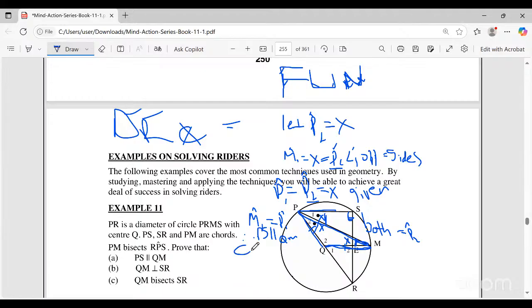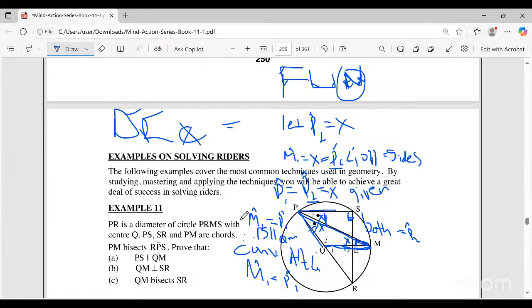Reason being the converse of alternate angles. Now, instead of stating your parallel lines, because that's what you want to prove, you are going to state those angles that you are saying are equal. In this case, it's angle M1 is equal to angle P1. Then you are done just like this. Does it now make sense? Why we are saying it's converse? If you don't understand what I'm saying, please just shout it out after I explain this.